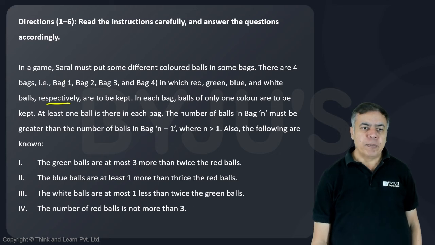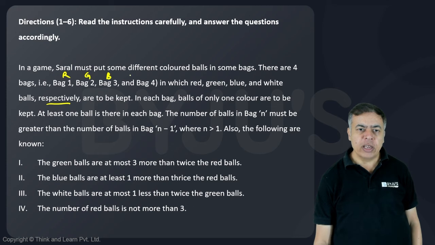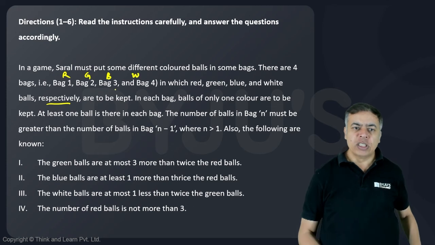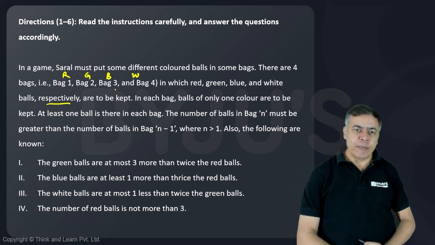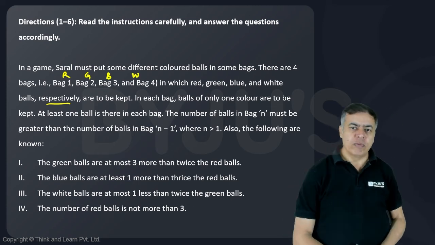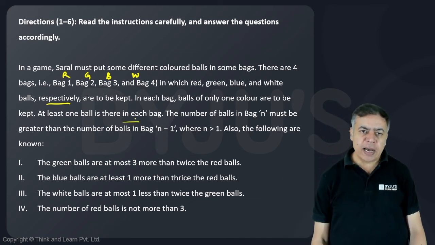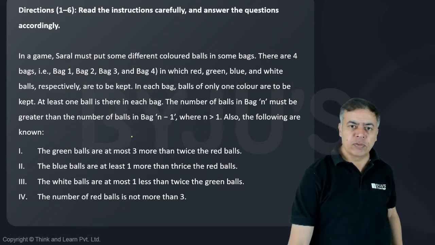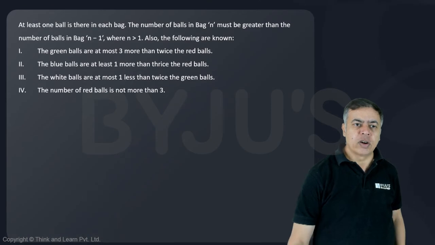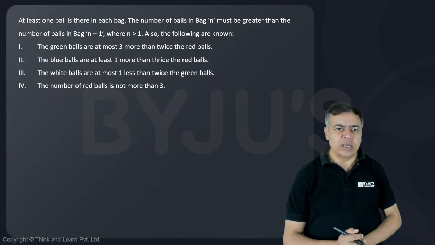So that means bag 1 is red, then green, then blue, and then white. Okay, so these are the balls kept in different bags. In each bag, balls of only one color are to be kept. At least one ball is there in each bag. Now this information we have written here also, right? At least one ball is there in each bag.